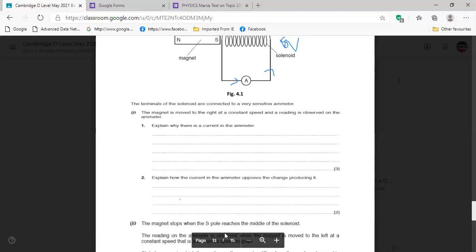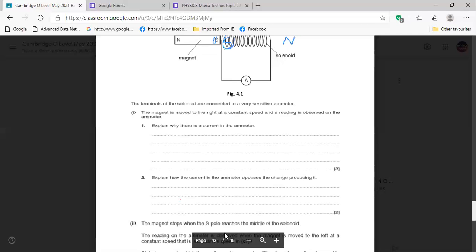You just make the idea that if you are taking S pole towards the coil, then you are getting S pole on the left side of the coil. So a current is flowing through the solenoid, which is making this one the N pole and this one the S pole. As this is the S pole and this is also the S pole, they will get deflected. That one you write here.